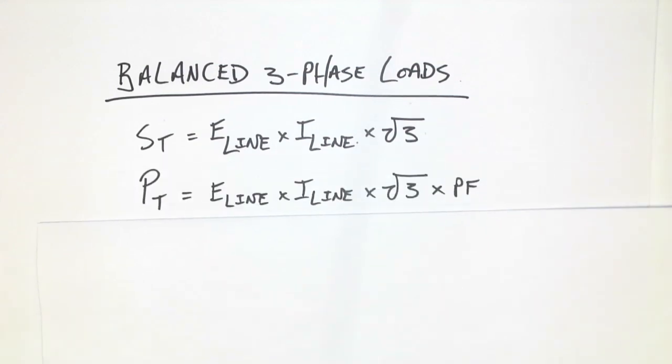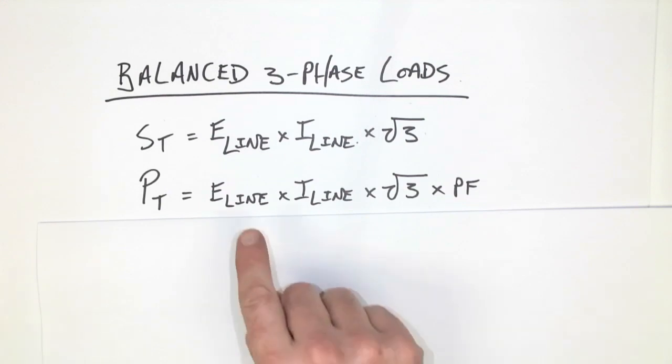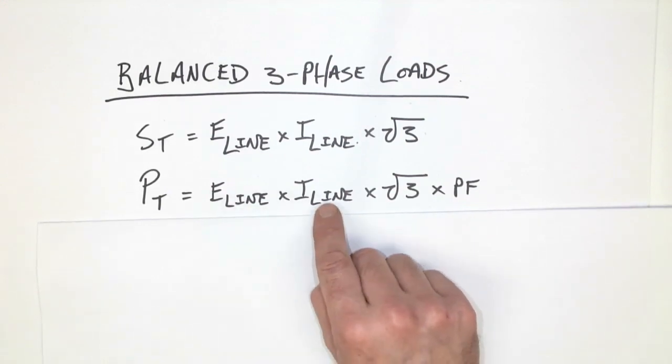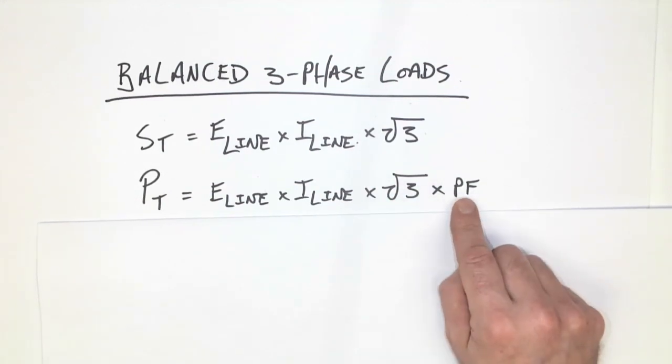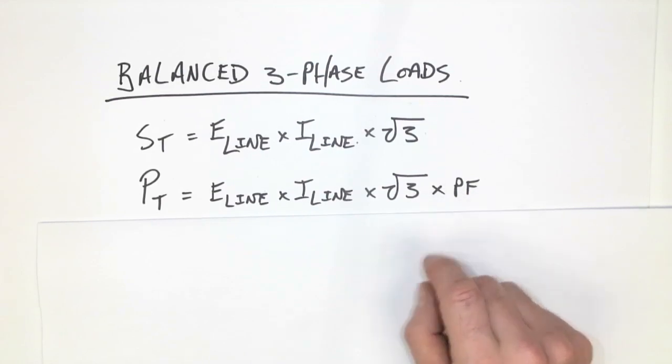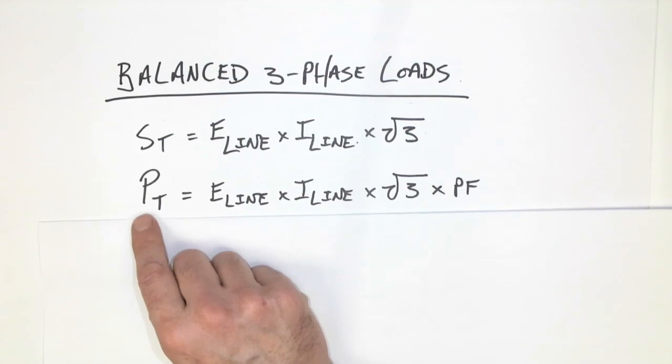Next one down. Using E line and I line and root 3, we can then multiply also by the power factor of the entire three-phase load. When we multiply by the power factor, it gives us the total watts that our three-phase load is consuming.